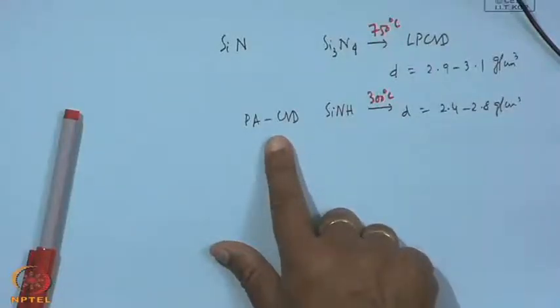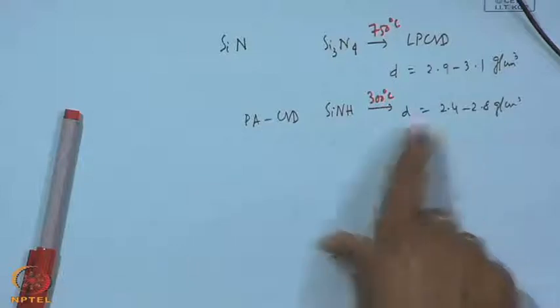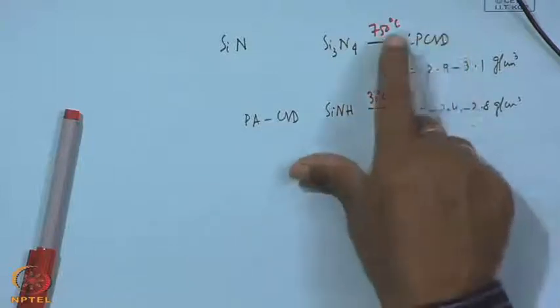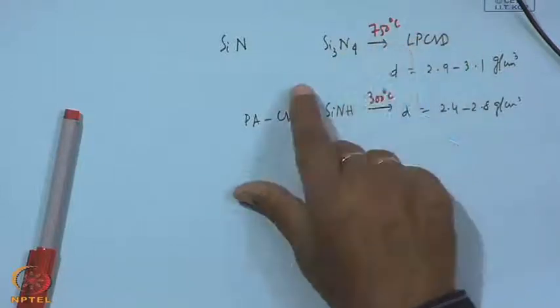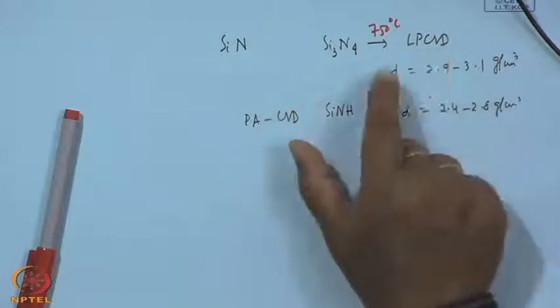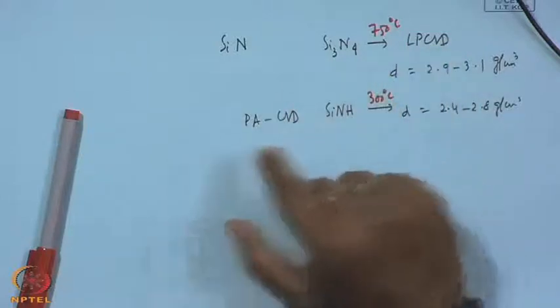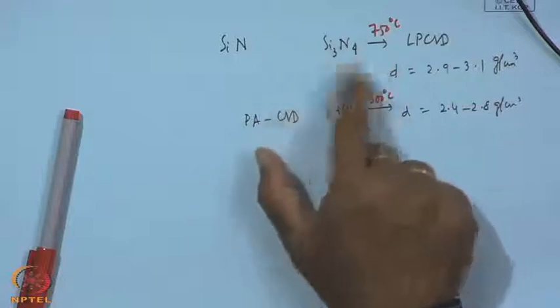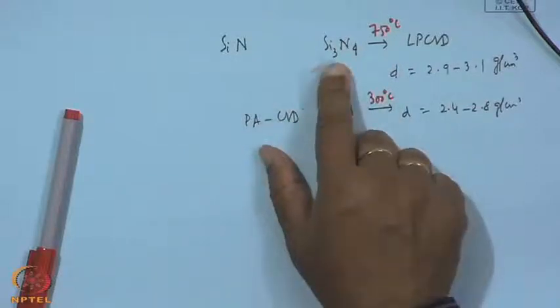It is not necessary for such cases to use LPCVD, which is a very high temperature process. And LPCVD grown silicon nitride has the advantage that it is stoichiometric in nature, and it can be used as the mask for silicon processing.